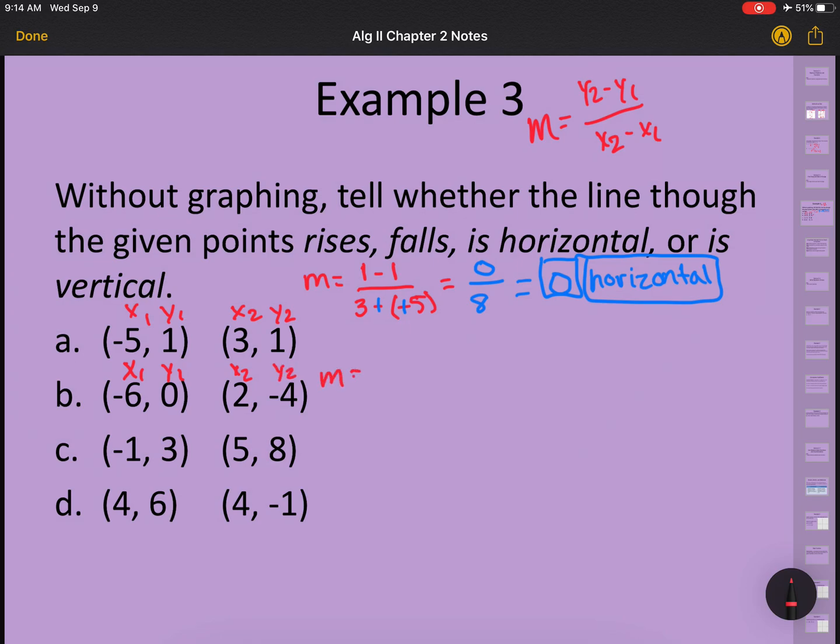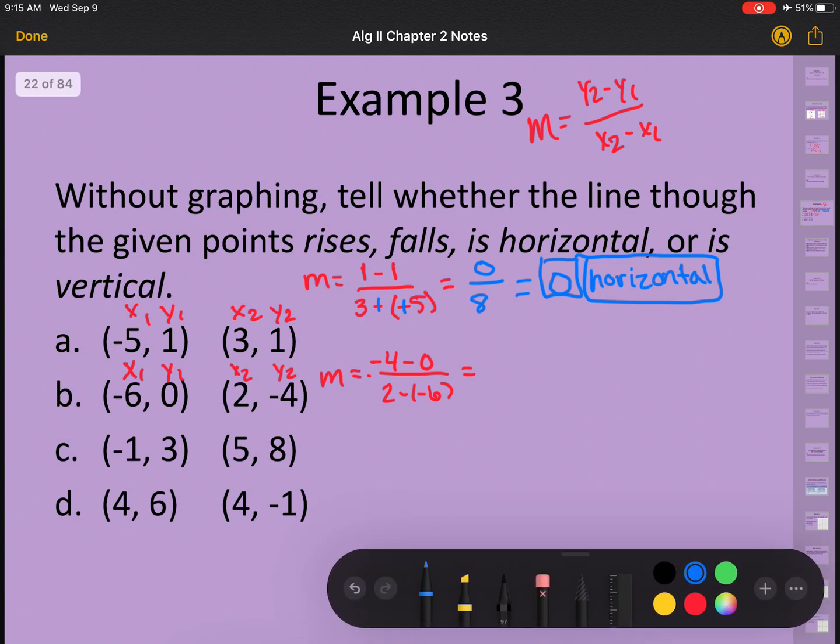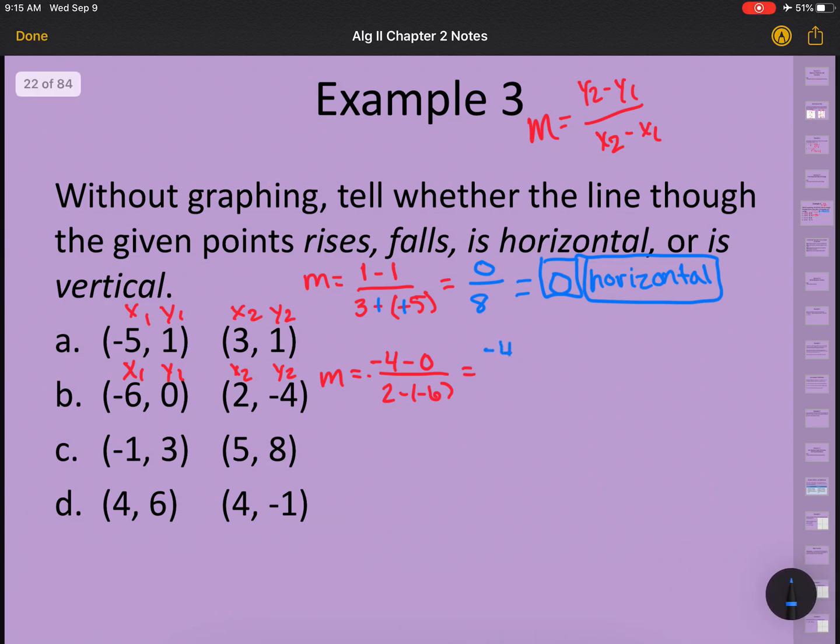Okay, this next one, doing the same exact thing. Setting it up, well, y2 is negative 4. Subtract out your y1, which is 0. x2 is 2. Subtract out x1, which is negative 6. Well, negative 4 minus 0, that is negative 4. And change in the bottom, 2 plus 6 is 8. But negative 4 out of 8, they can both be divided by 4.